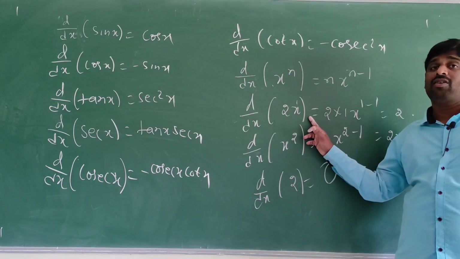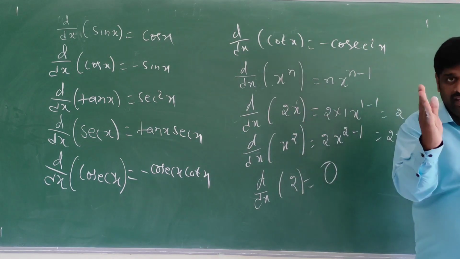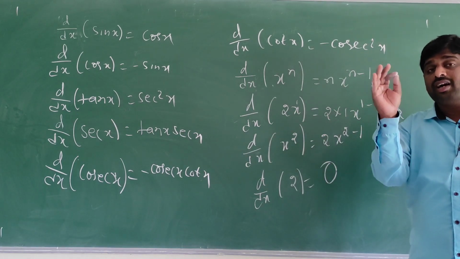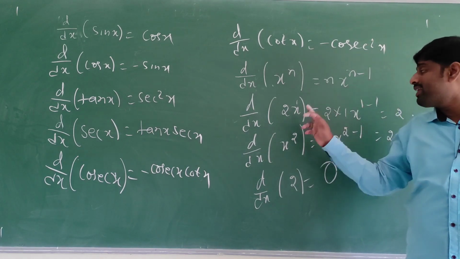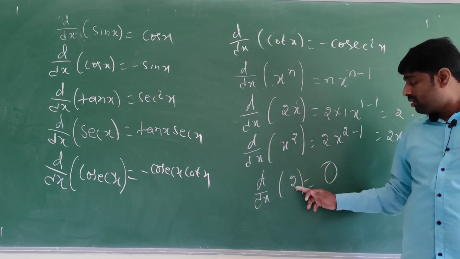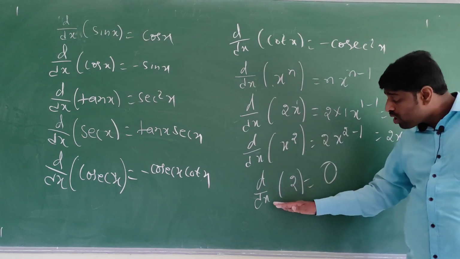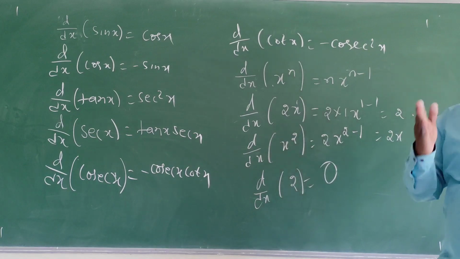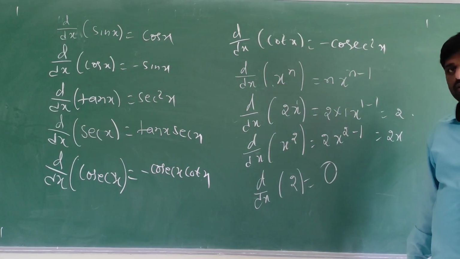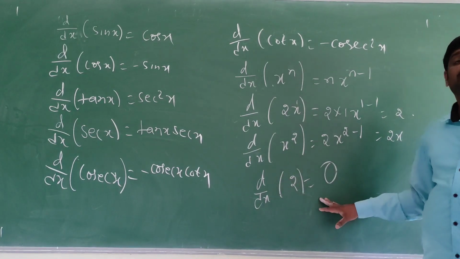Now 2 into x is there. Here 2 is a constant and x is a variable. You have to take 2 outside and differentiate x. But here the function is different; only a constant is there. When only a constant is there, the derivative of the constant is 0.